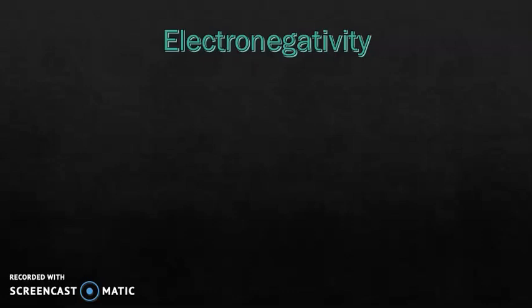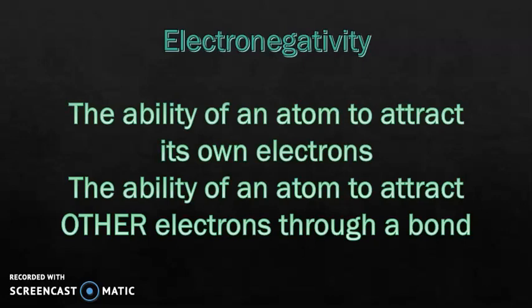So just a little refresher about what electronegativity really is. We'd kind of talked about it in a couple of different loose ways. In general, we kind of talked about it as the ability of an atom to grab electrons and keep electrons toward itself. If it's grabbing other electrons, generally speaking, it's doing that through a bond.